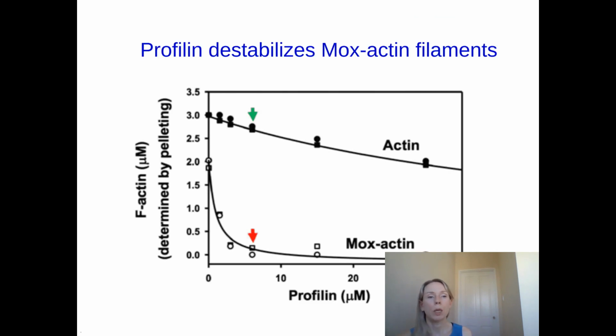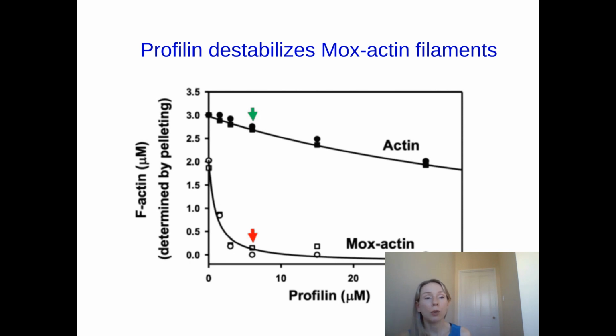And another very important observation we made is that this binding to profilin not just arrests the assembly of this Mical-oxidized actin, but it also destabilizes already existing filaments. And here you can see the assay where we add an increasing concentration of profilin to preformed polymers of unoxidized and Mical-oxidized actin.